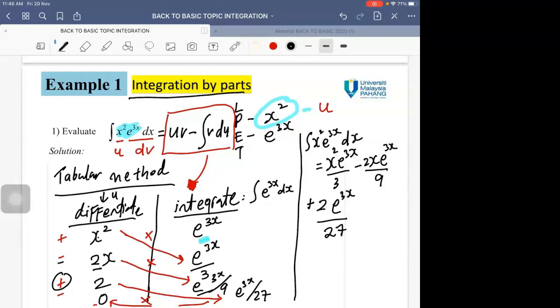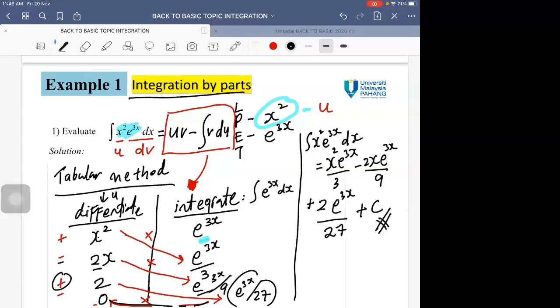If we multiply the last term with 0, we get 0. Don't forget to add c, because this is an indefinite integral.